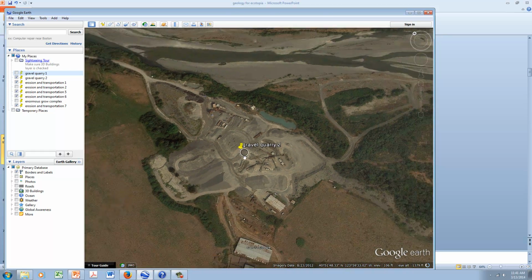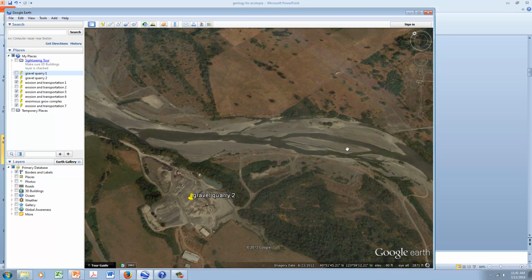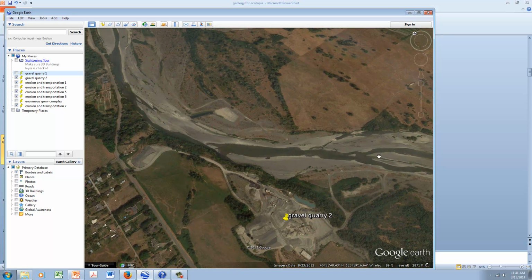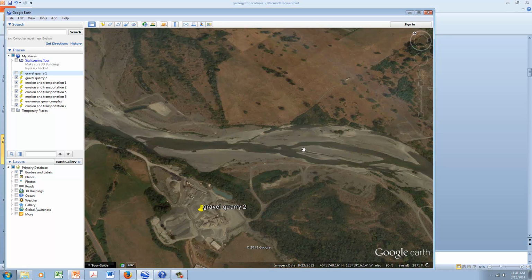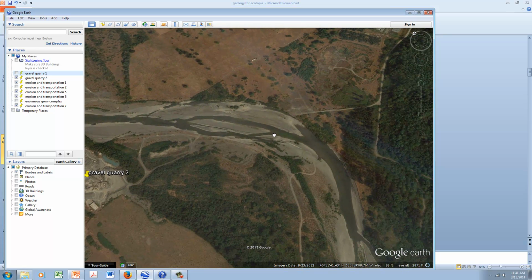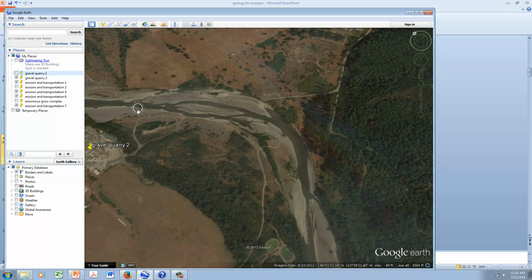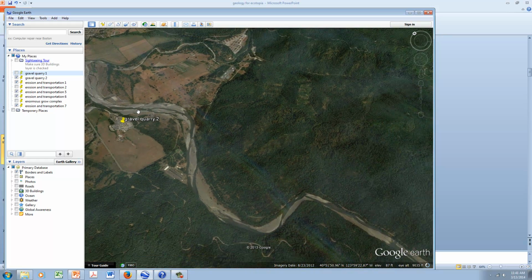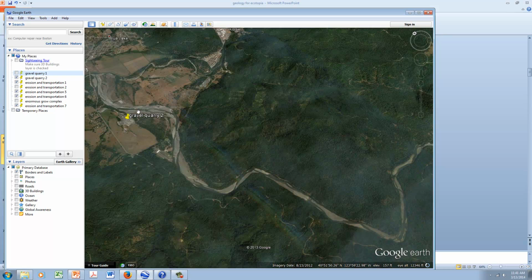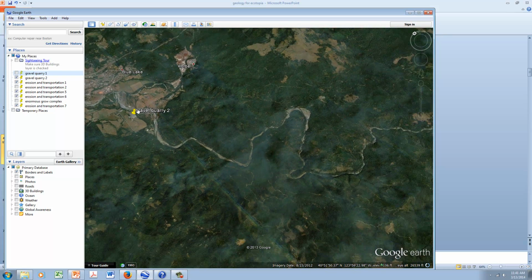What they're doing is gathering, or harvesting really, gravel from the bed of the Mad River, which they do in conjunction with oversight by the Department of Fish and Game to make sure they don't harm habitat. And you might think, whoa, what happens when the gravel is all gone? Well, it won't be gone anytime soon, because every winter it washes down out of the mountains. So it's quite an interesting resource that we have in our area.